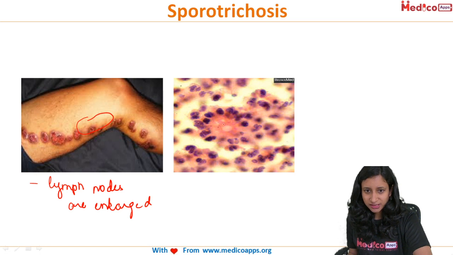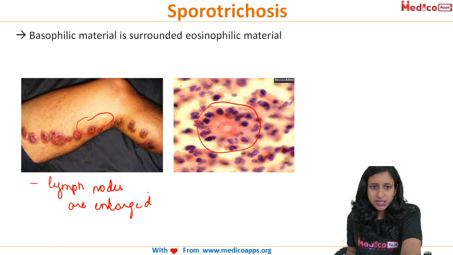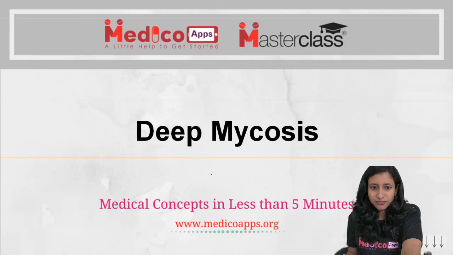And the finding here that I told you about is nothing but what is known as your Splendore-Hoeppli phenomenon. So you have your eosinophilic mass surrounding the basophilic yeast cell, and that phenomenon is known as Splendore-Hoeppli phenomenon.